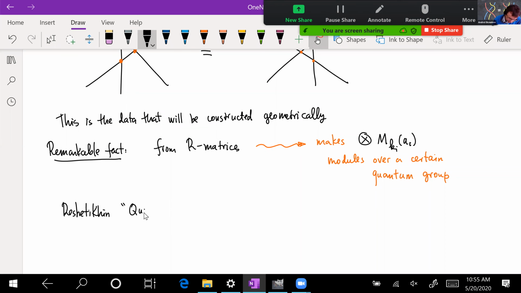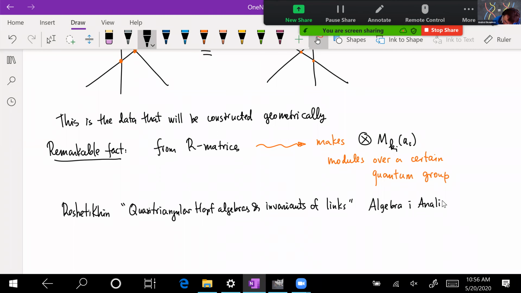It's called quasi-triangular Hopf algebras and invariants of links. It was published in Algebra i Analiz, volume 1, in 1989.